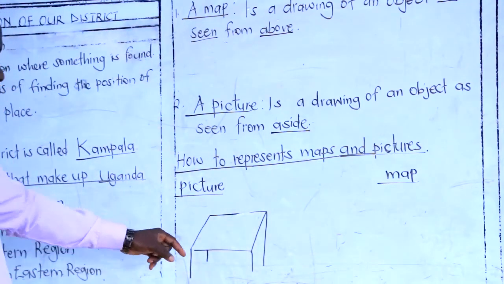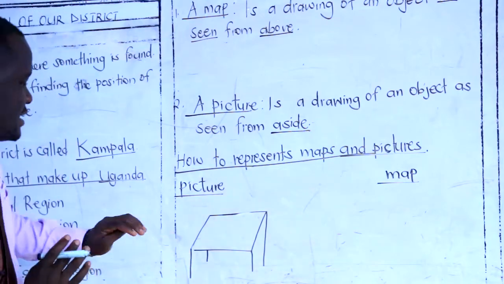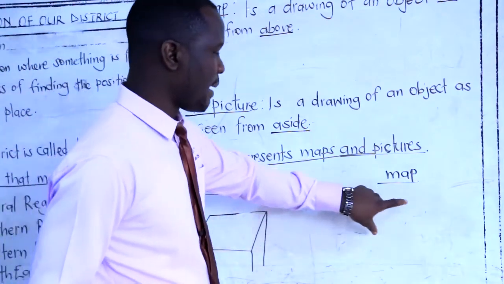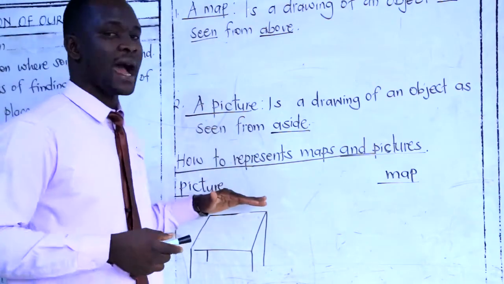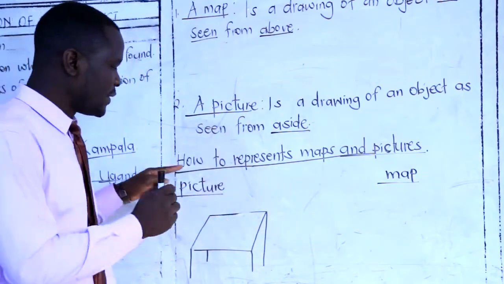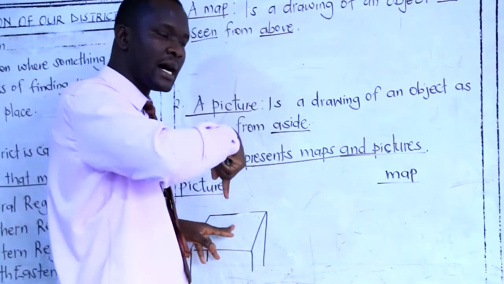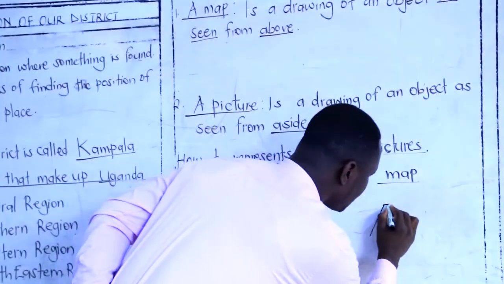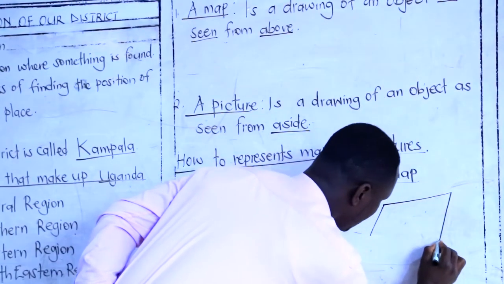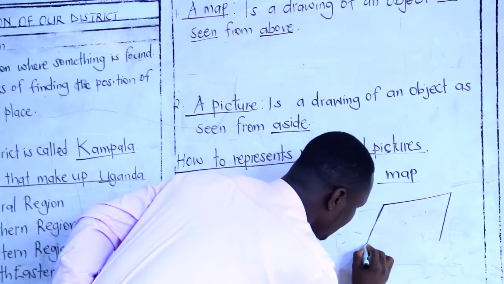Meaning this table is seen from a side. Now when it comes to the map, we are going to be seeing this table, only that top part of the table, the way we see it from where? Above. Which means our table, we are going to take that part that we see from up.